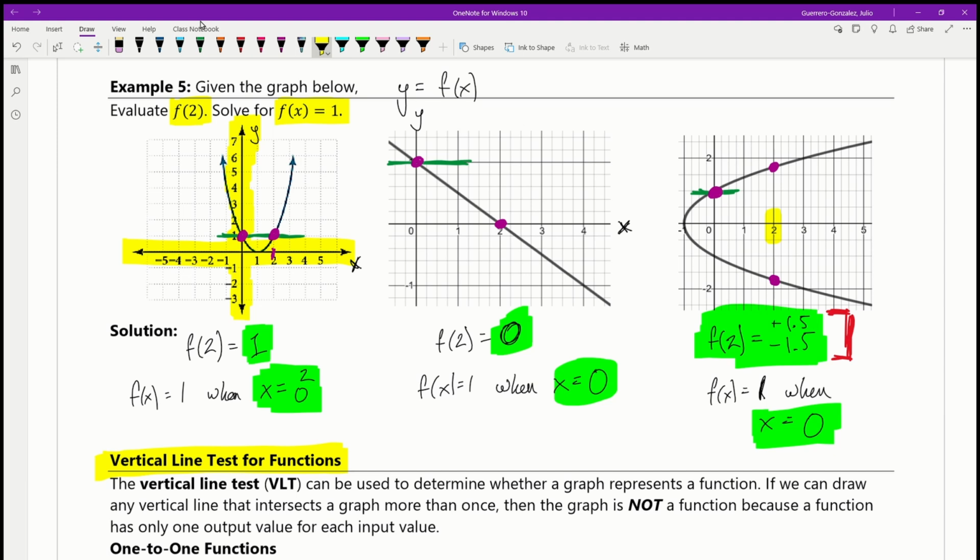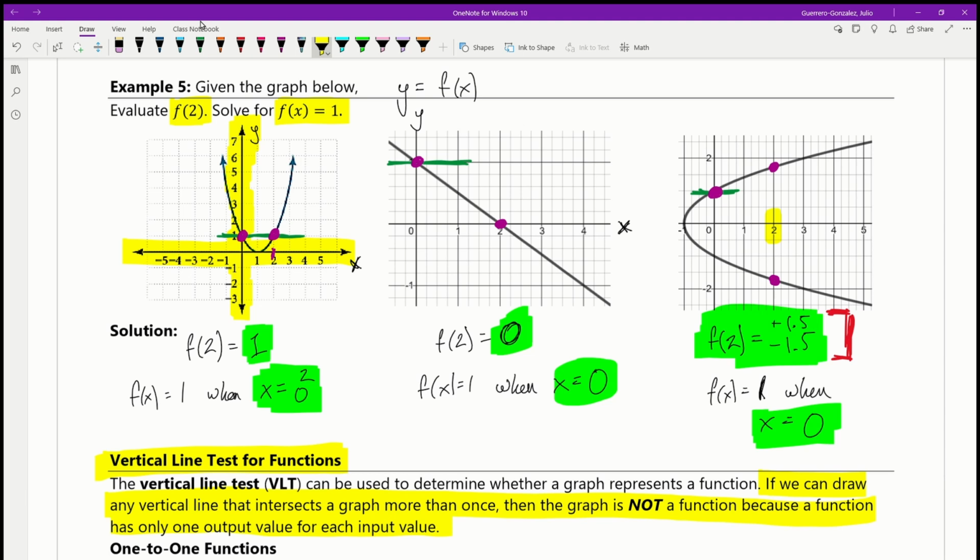The vertical line test says that, I'm going to go ahead and highlight it here, if we can draw a vertical line that intersects a graph more than once, then the graph is not a function.